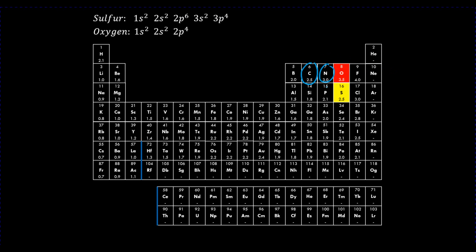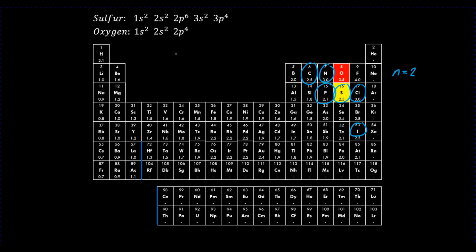Meanwhile, if you encounter something like phosphorus, sulfur, chlorine, and even iodine, having more than 8, having an expansion, it is because the valence electrons have access to the third energy level.